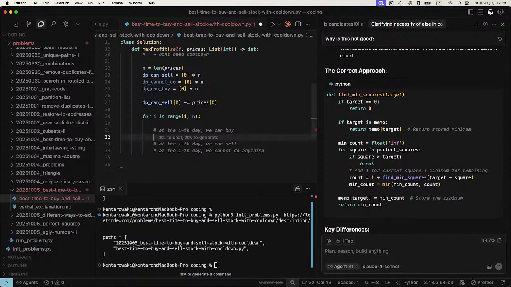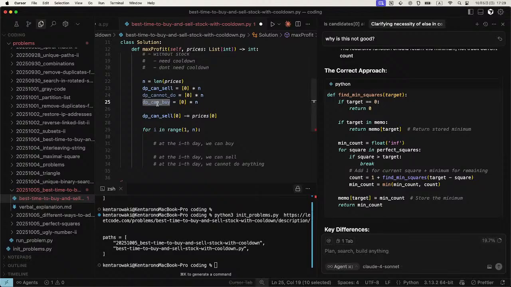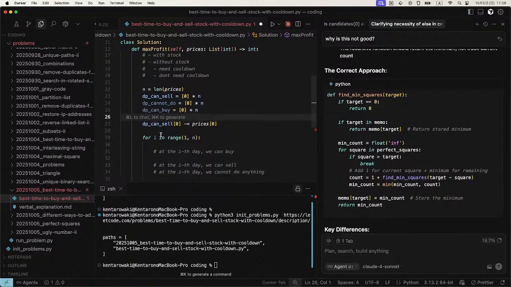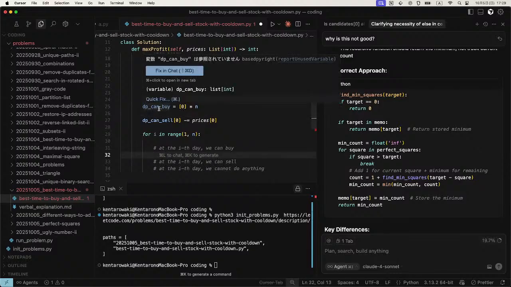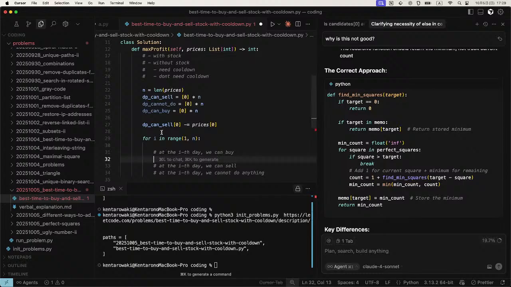We can buy, when we can buy, yeah, the state transits to cannot do.